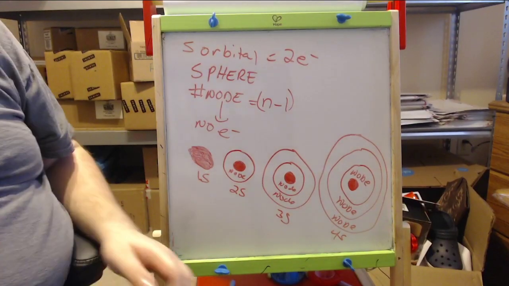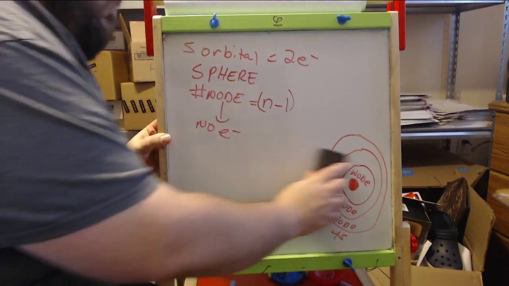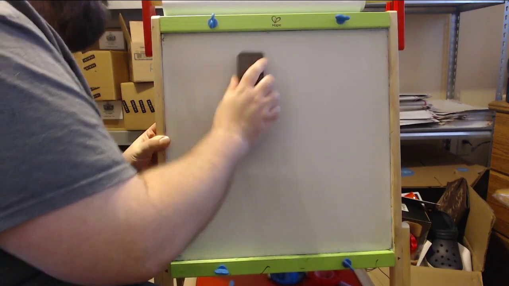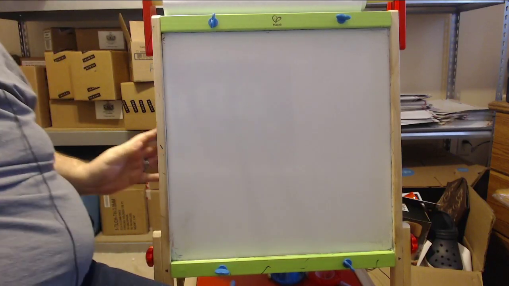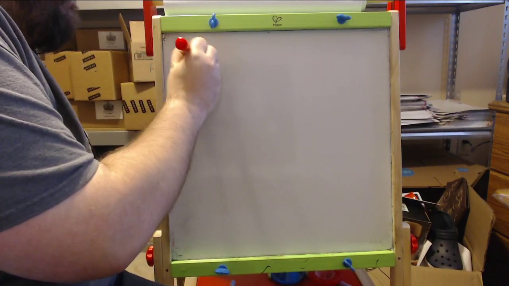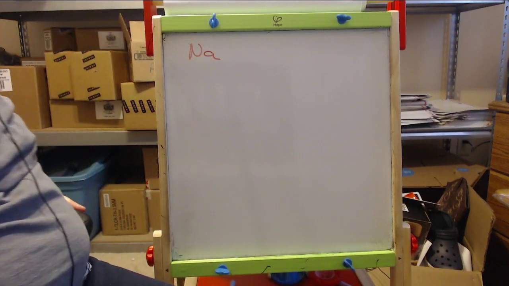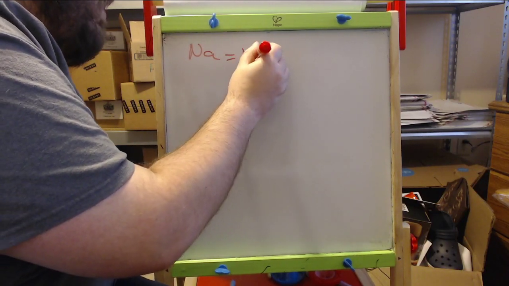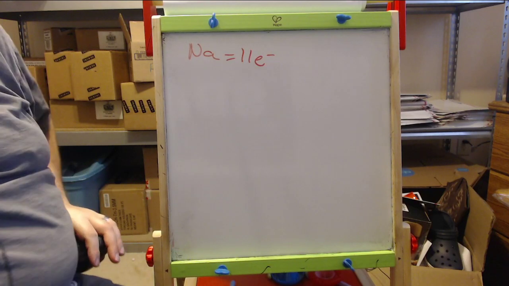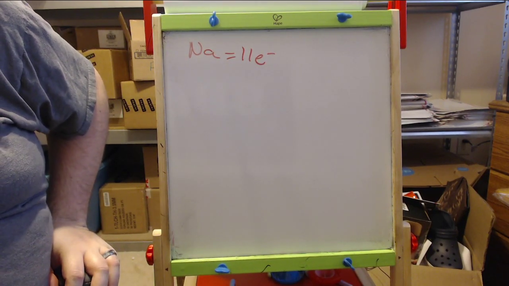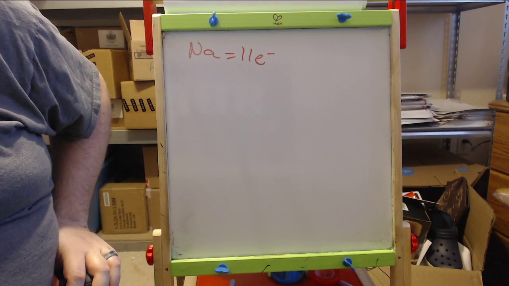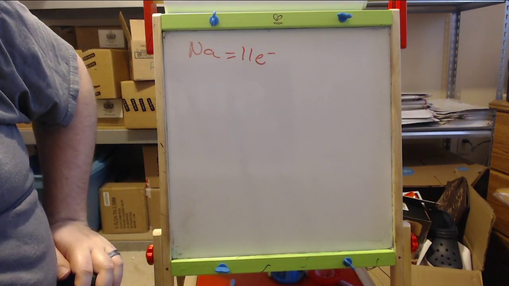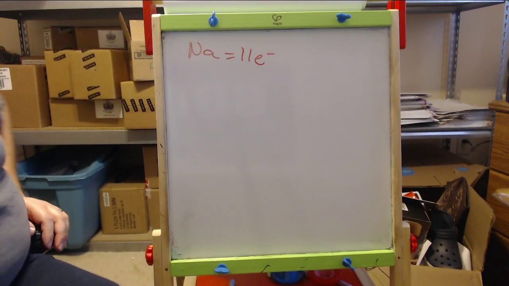Let's say I want to write the electron configuration for sodium. Okay, so I look at sodium on the periodic table. Sodium has 11 protons, therefore a neutral sodium has 11 electrons. So I've got to fit 11 electrons into the electron shells.